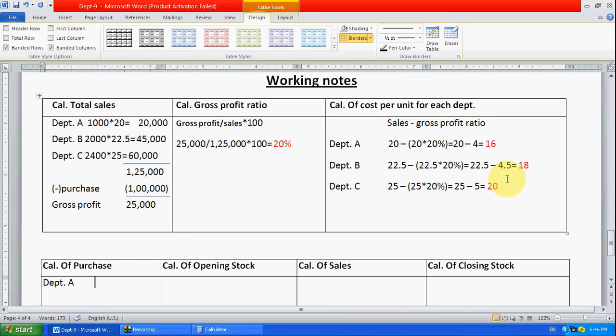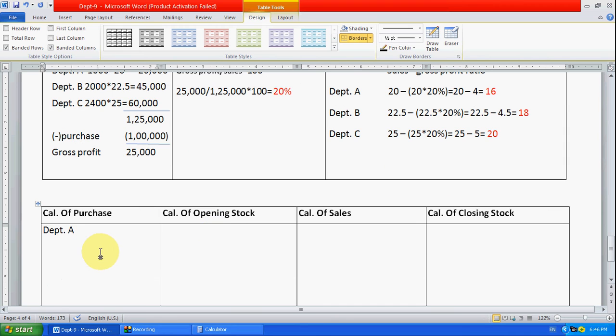That's why these are the purchase prices. So 1000 into 16, the purchase price, meaning the new prices we have prepared.